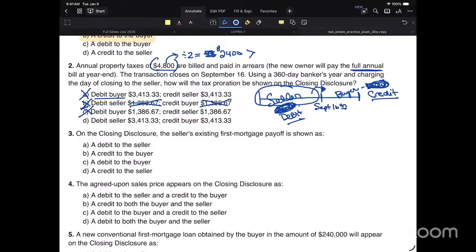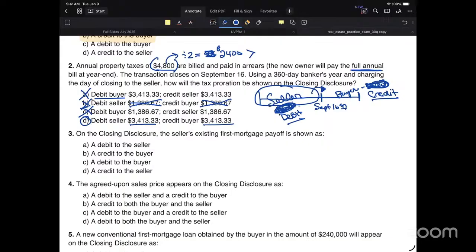So that can't be right, which means even without doing a single lick of math, we can know our answer has to be D, debit the seller $3,413, and then you credit the buyer the same amount.